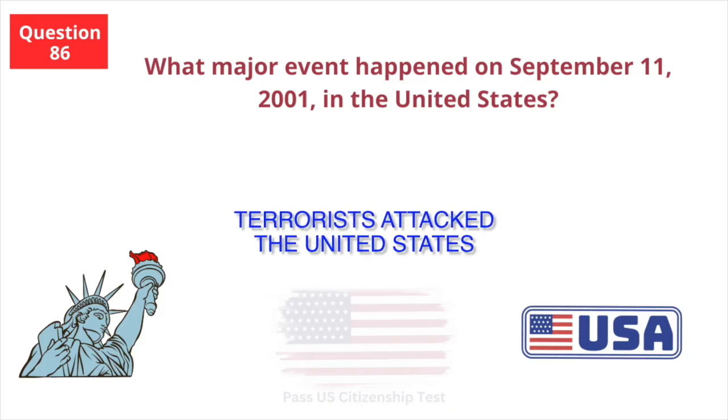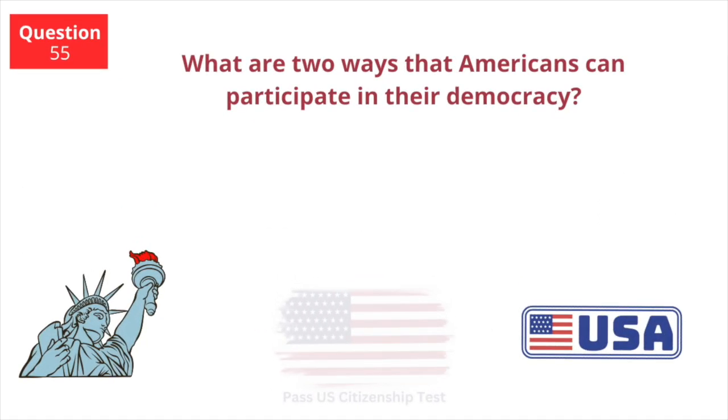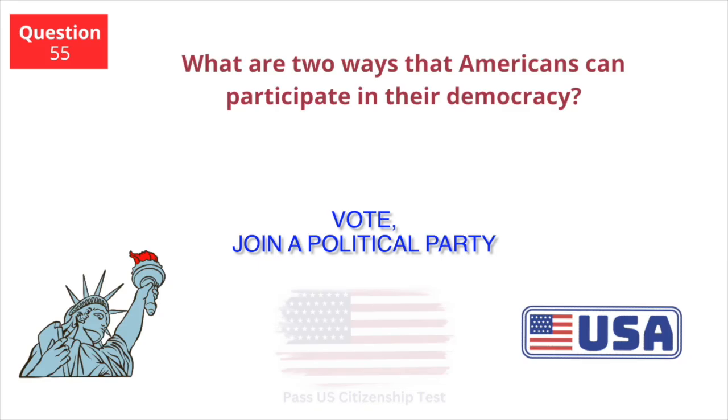Terrorists attacked the United States. What are two ways that Americans can participate in their democracy? Vote. Join a political party.